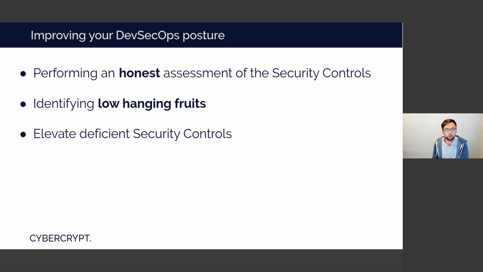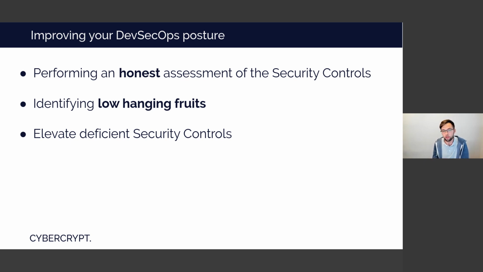And then you take action upon that assessment in the third step, and you elevate those deficient security controls. You can view this as an iterative framework. So we would go through these steps and rinse and repeat until the required level of security posture has been reached.